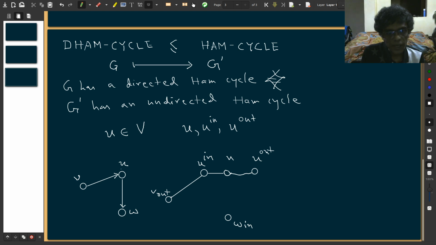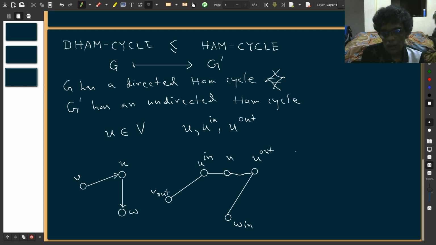Okay, so likewise, if I have an outgoing edge from u, outgoing to the incoming node for w. So, this is the way I introduce, or port, the sense of direction from a directed graph to an undirected graph.